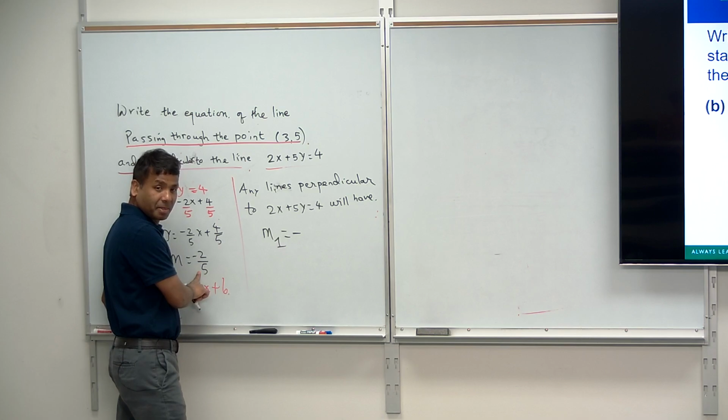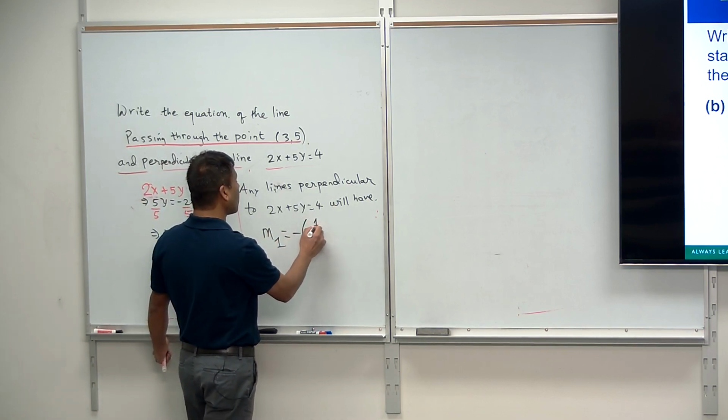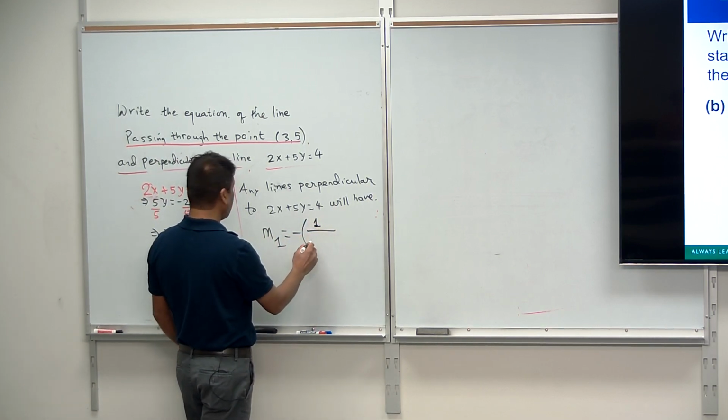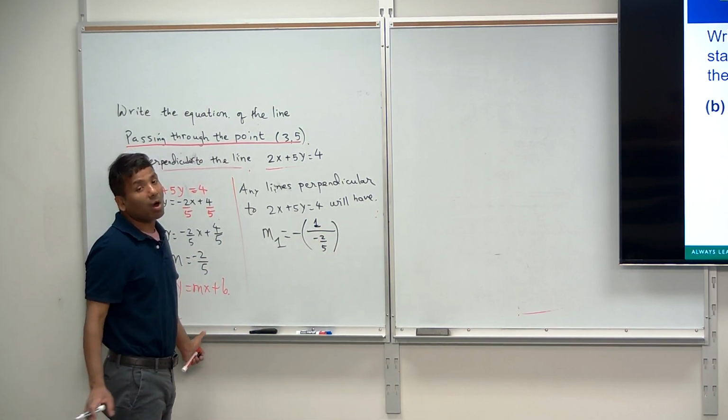Are you with me? So negative of the reciprocal of this means 1 over negative 2 over 5. Does that make sense? Or you can think in this way.